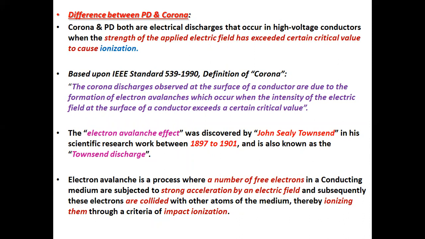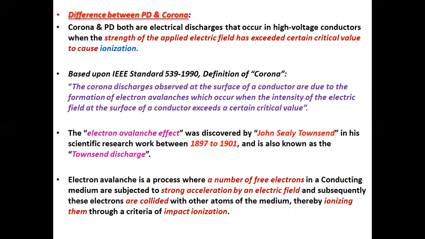The electron avalanche effect was discovered by John Seeley Townsend in his scientific research work between 1897 and 1901, and is also known as the Townsend discharge.